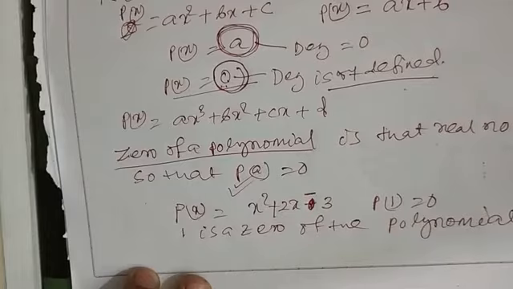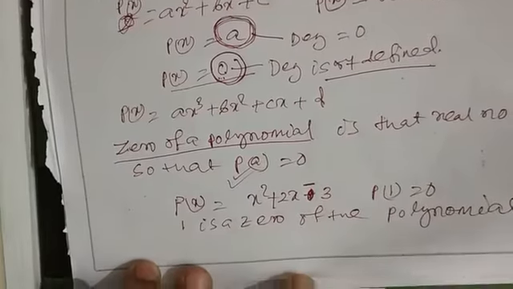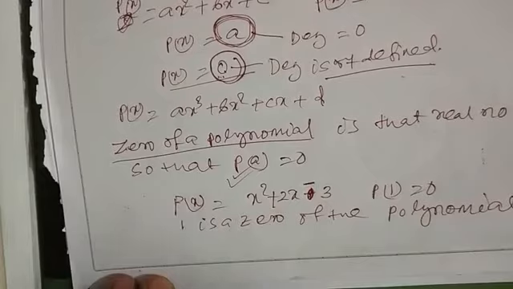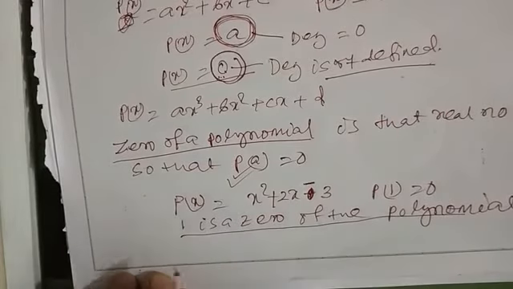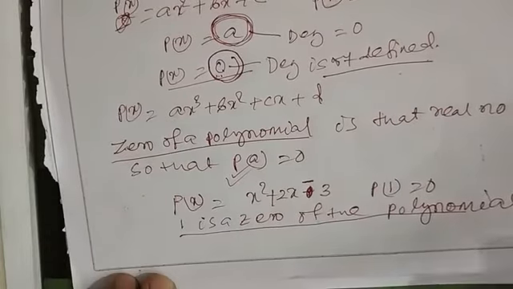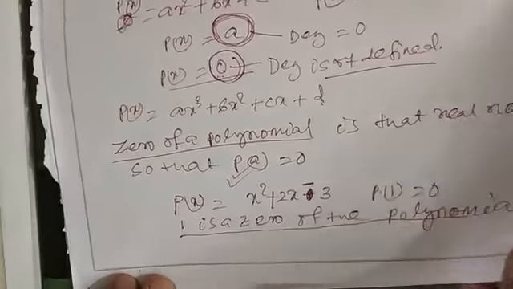Okay? Have you remembered? Now, this is about zero of the polynomial. In your class 9, you have read about the factor and remainder theorem. Now, mark here.